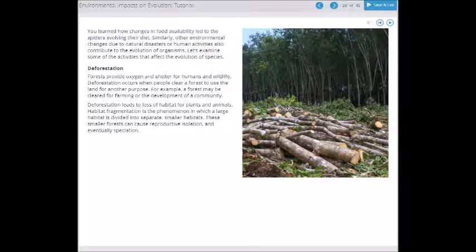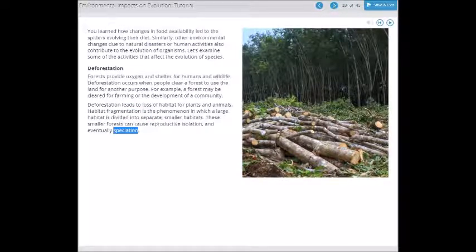For a long time there were forests, and now all of a sudden we're just cutting them down like crazy. Deforestation and habitat fragmentation are artificially causing reproductive isolation, which is leading eventually to speciation.